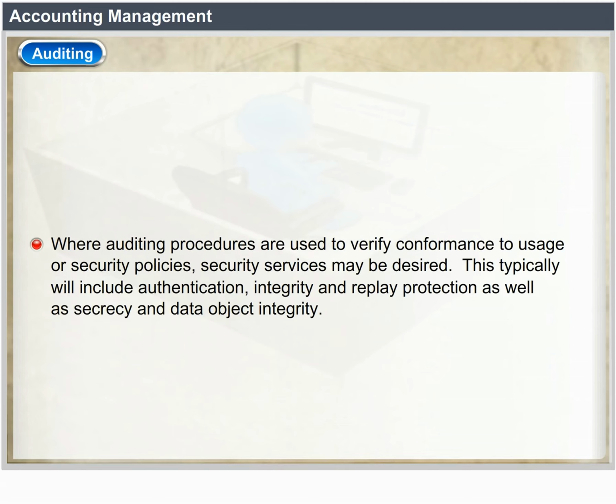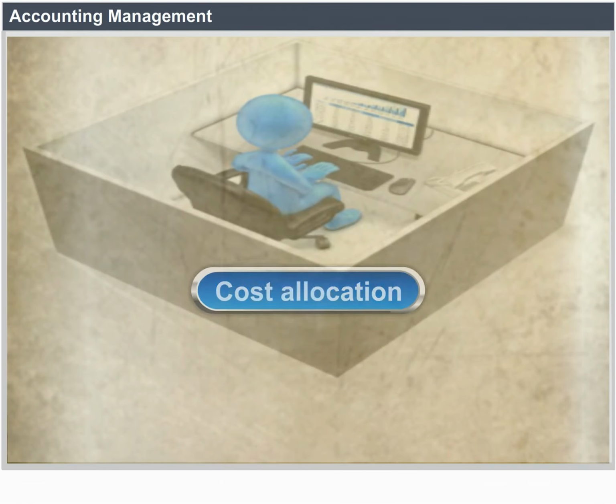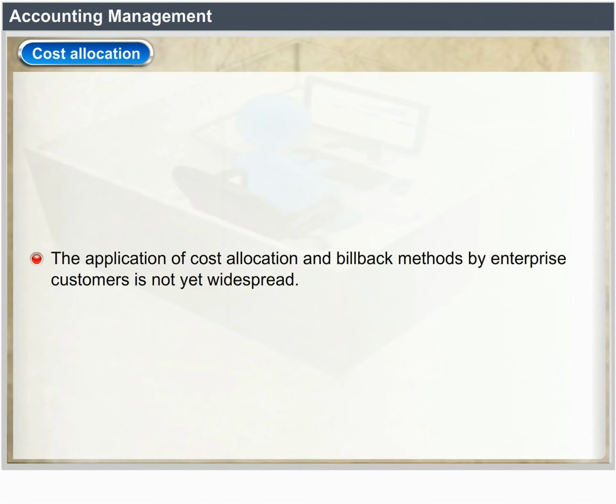This typically will include authentication, integrity, and replay protection as well as confidentiality and data object integrity. In order to permit response to security incidents in progress, auditing applications frequently are built to operate with low processing delay.